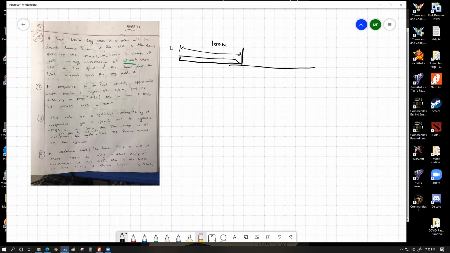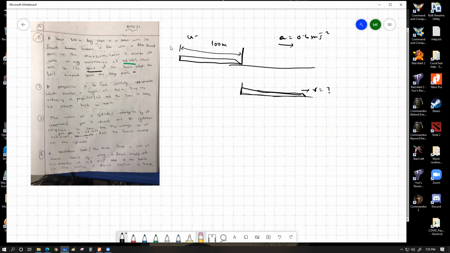It will start off and go forward at a uniform acceleration of 0.6 meter per second squared. The question is, what will be the speed of the train when the tail bumpers pass the lamppost? Which means as the train moves forward, eventually it will reach a point where the tail bumpers are aligned with the lamppost, and we want the instantaneous, final speed at this point.